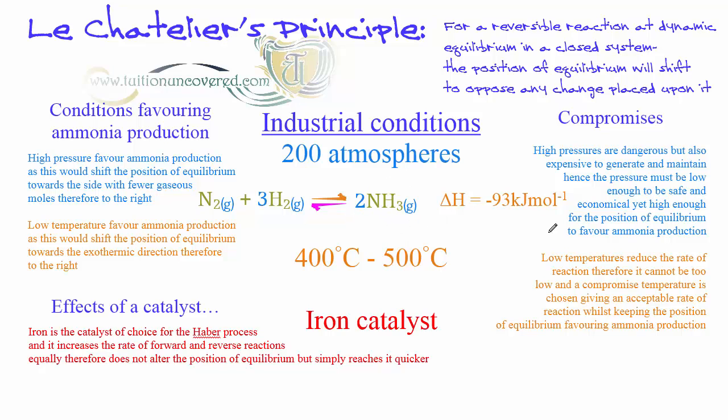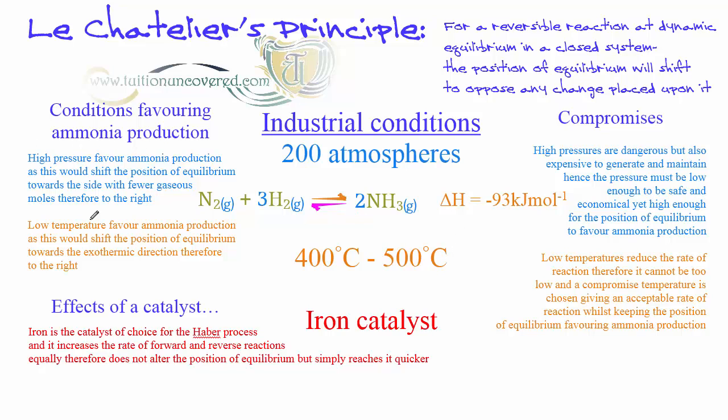So temperatures have to be reduced to favor ammonia production, but reducing the temperatures reduces the rate of reaction, therefore it cannot be too low, and a compromised temperature is chosen, giving an acceptable rate of reaction whilst keeping the position of equilibrium favoring ammonia production. Saying a low temperature reduces the rate of reaction, so it cannot be too low. So the compromise is to have a high enough temperature that still pushes the equilibrium towards ammonia production.